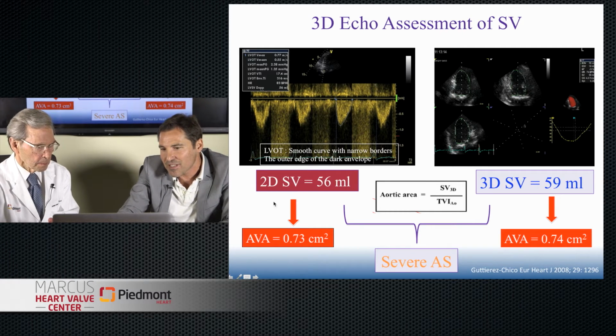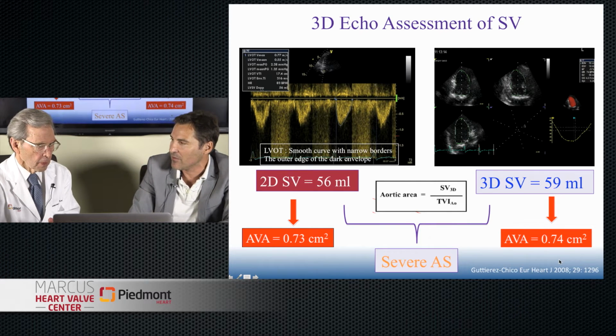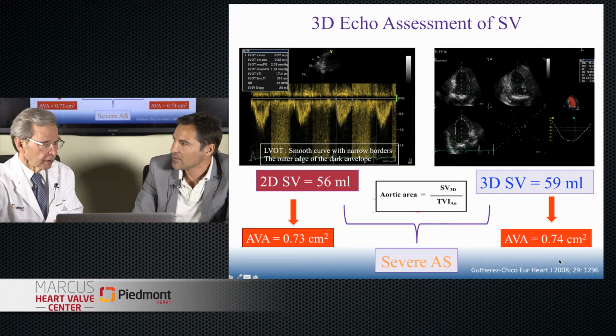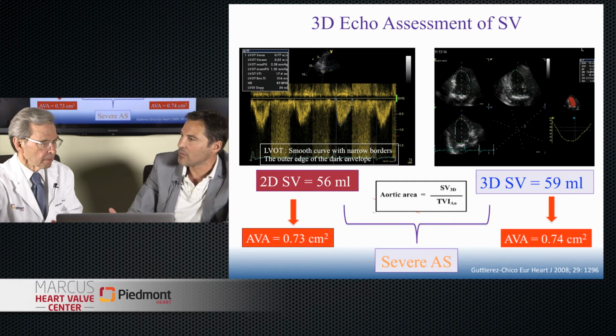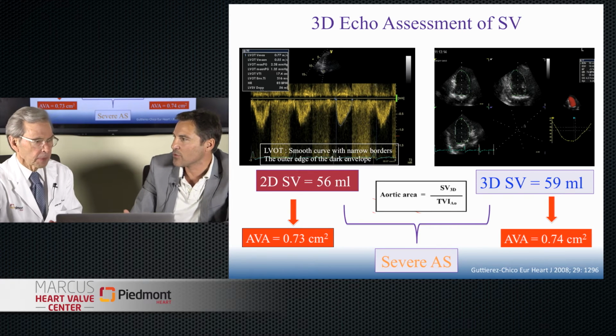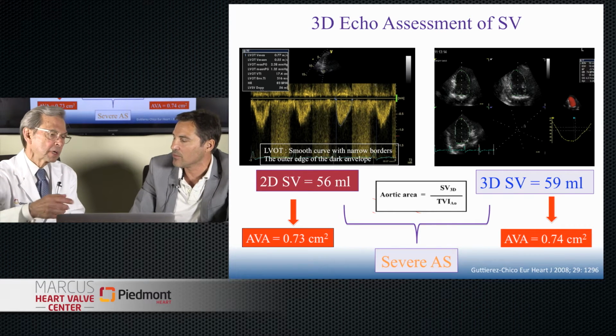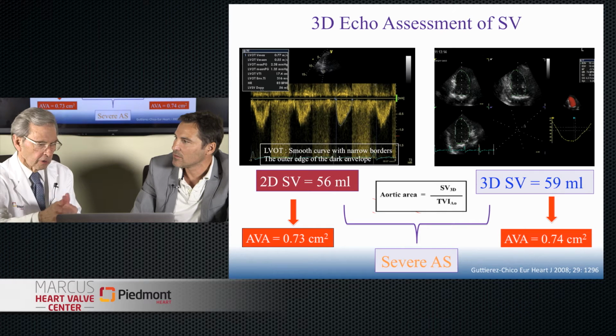And if you use this formula, you can calculate the aortic valve area. So stroke volume becomes very important. With 3D echo, if you have very good quality imaging, you could really use 3D echo to calculate the stroke volume.